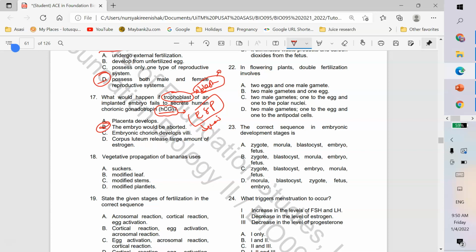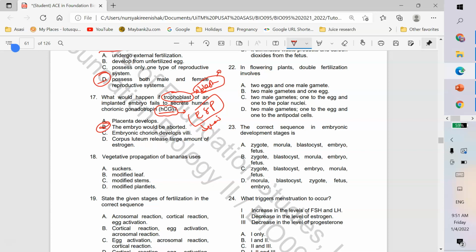So the thickening of endometrium lining dia melibatkan apa? Addition of more blood vessels, addition of more glands, kan? So that when the embryo is implanted in the uterine lining, pelekatan tu kukuh lah, sebab ada connection, ada salur darah that will connect to the blastocyst to supply blood, so that blastocyst can grow and develop into the next stage, gastrula, kan, and then the fetus.